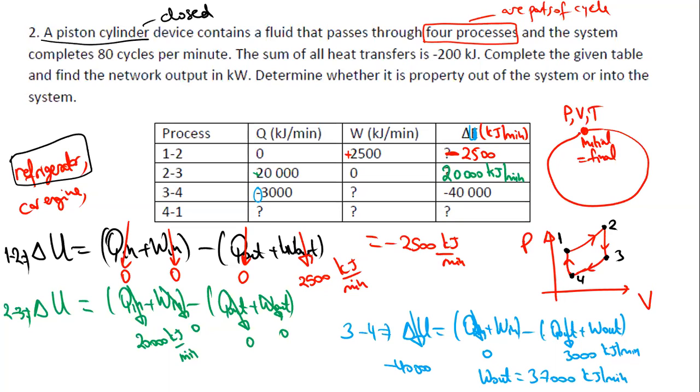You can see it is a very simple mathematical expression. This one is negative 40,000. You have the negative sign here, 3,000 plus something that makes 40,000, therefore this term is 0. And therefore here you will have negative 37,000 kilojoules per minute.